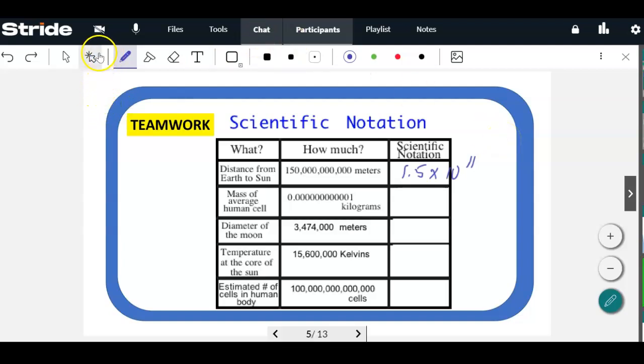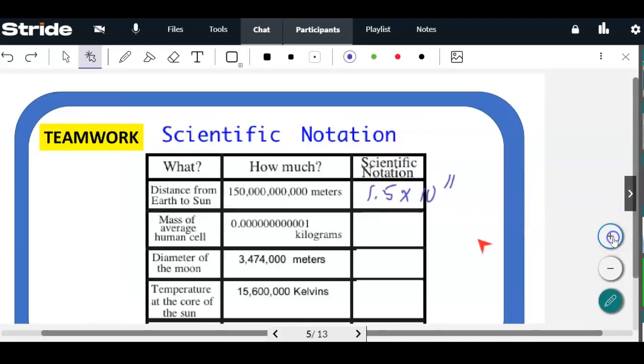Our next one is a small number, the mass of an average human cell. So this is going to go all the way over here. Let's see if I can count all those zeros. We're going to move it 1, 2, 3, 4, 5, 6, 7, 8, 9, 10, 11, 12.